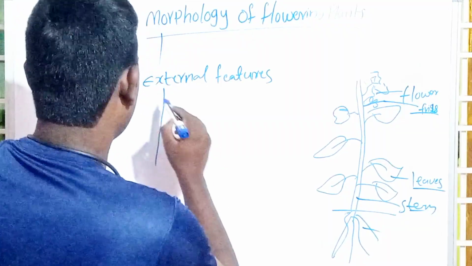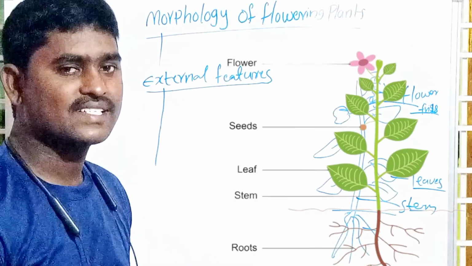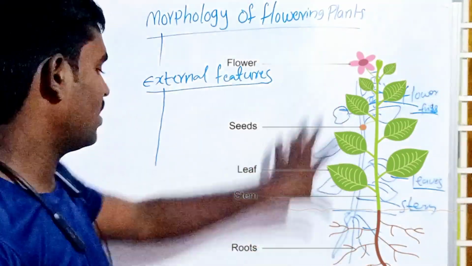Okay, these are external features. The study of external features is called morphology.